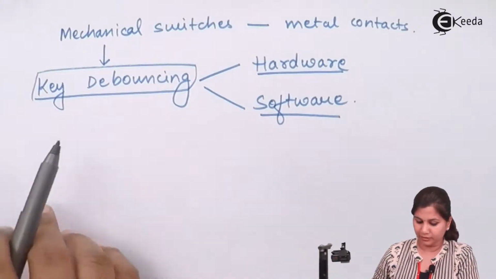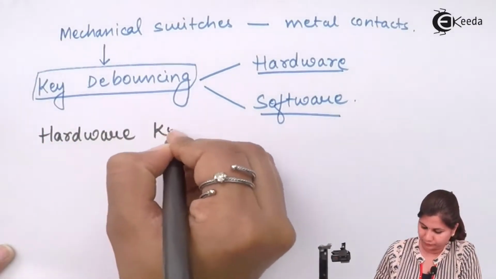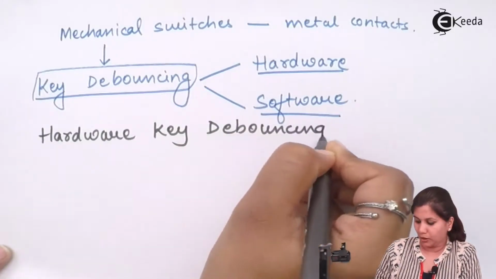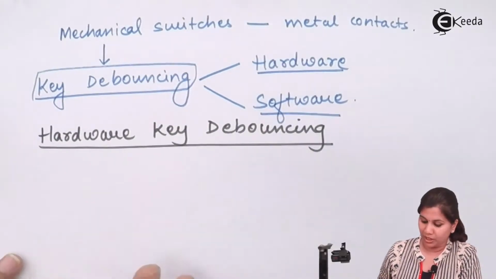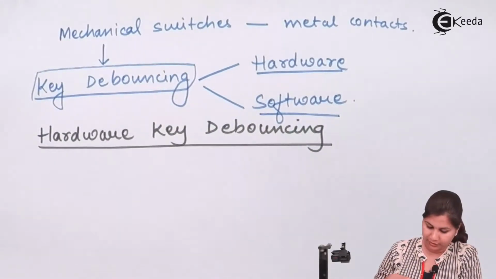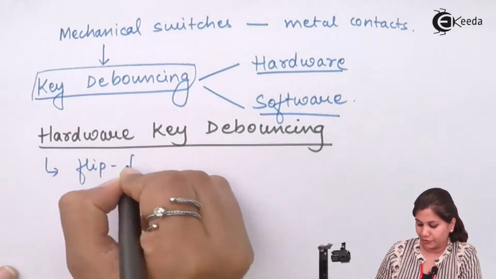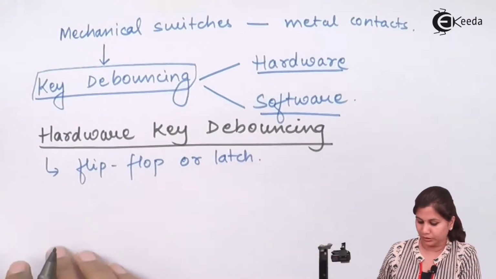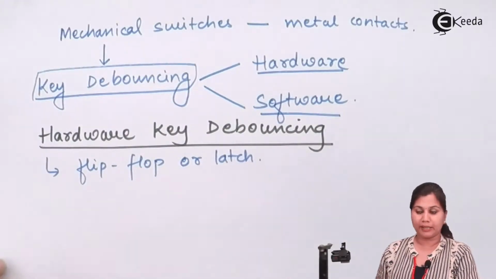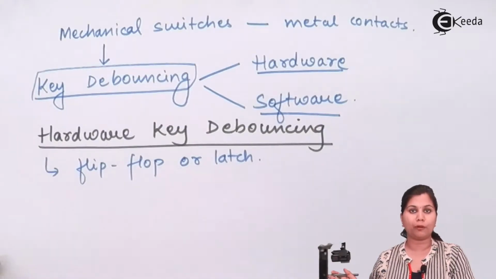Okay, so let us first see the key debouncing by the hardware. How the problem of this fluctuating output voltage can be removed. Okay, so in this hardware key debouncing, it is implemented with the help of a flip-flop or latch. Okay, so when the key is pressed, the circuit associated with that key is going to consist of a flip-flop or a latch. RS flip-flop is connected.